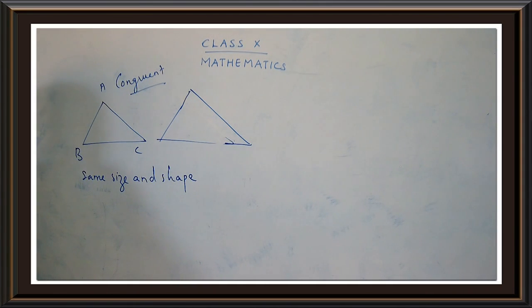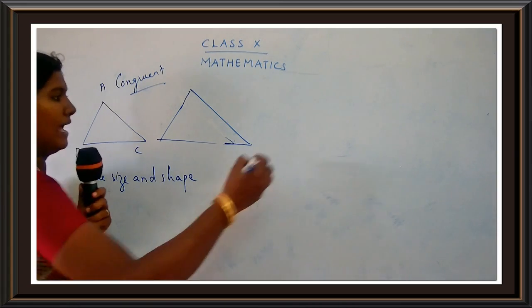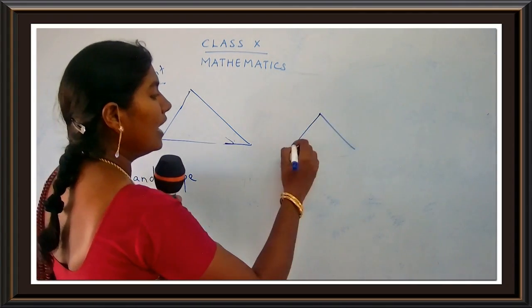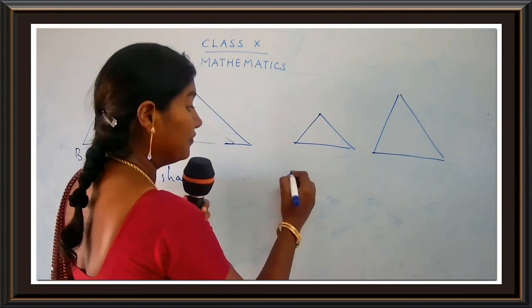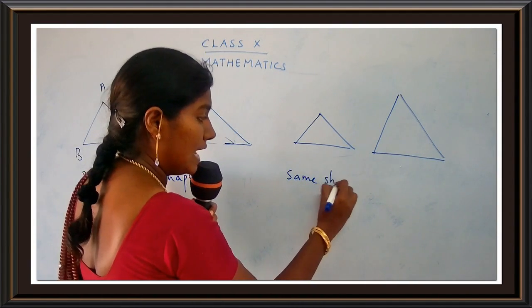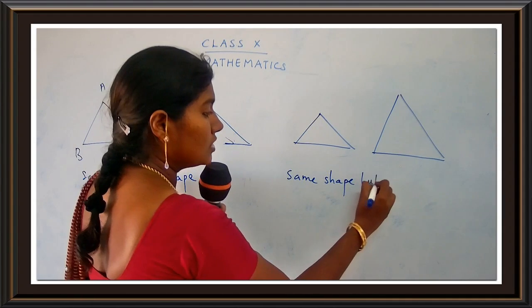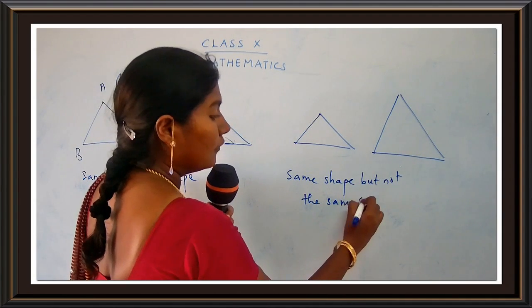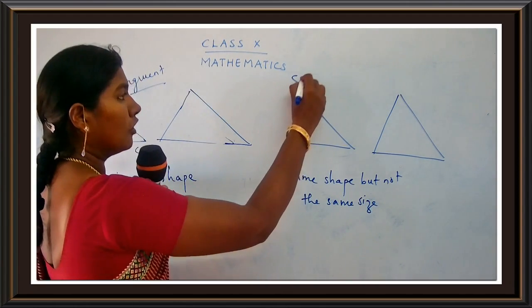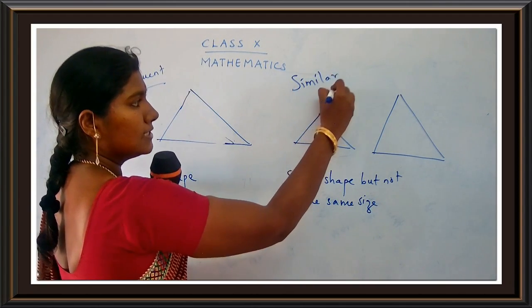Now for similar triangles, you have to get the same shape but not the same size. You may have a smaller triangle and you may have a bigger triangle. That's not a matter. You may have the same shape but not the same size. So you have to be clear with the difference between a congruent triangle and a similar triangle.